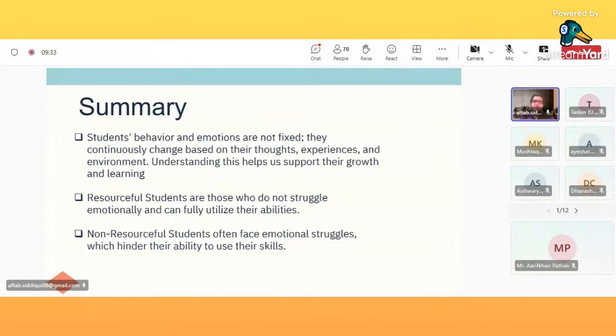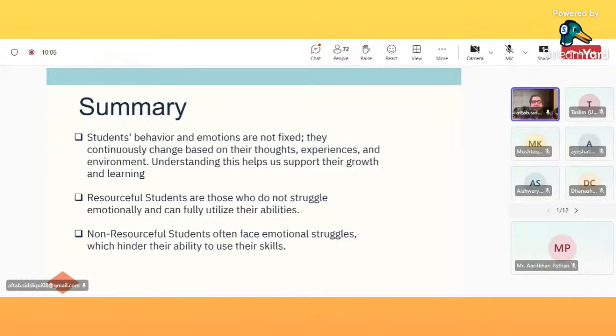Maybe they have issues from family, financial, or relationship matters. These factors, happening day by day, constantly shape the thoughts, experiences, and learning of the students. So in short, the behavior you see in your classroom is not fixed. It keeps changing depending upon their thoughts, experiences, and environment.